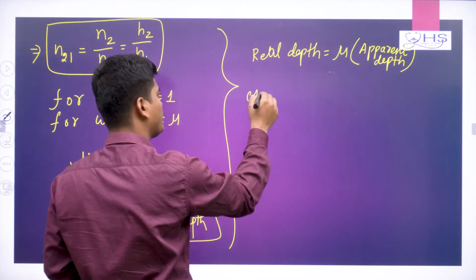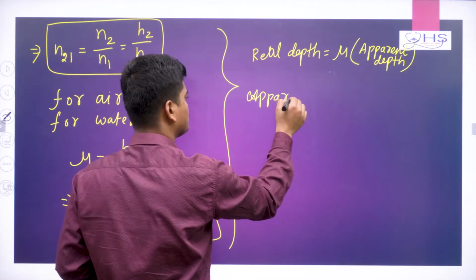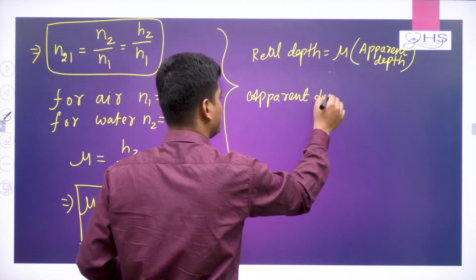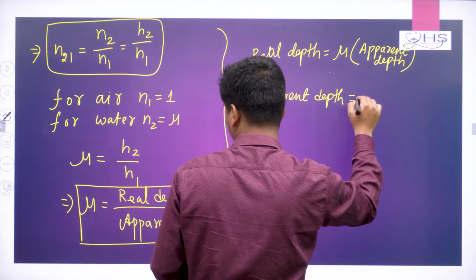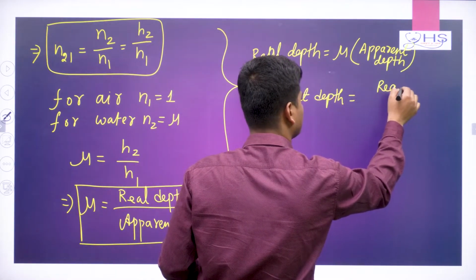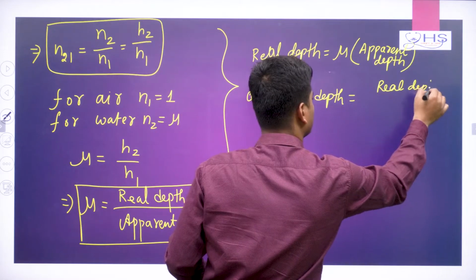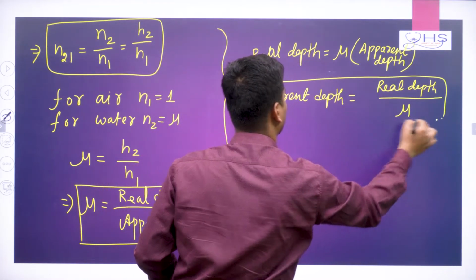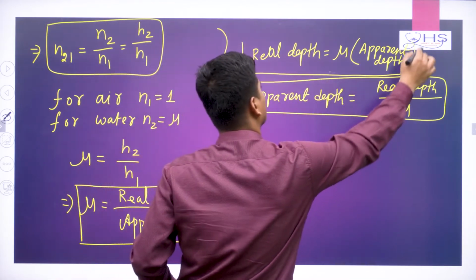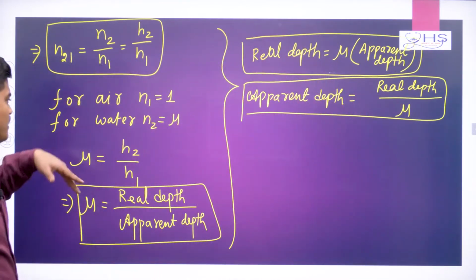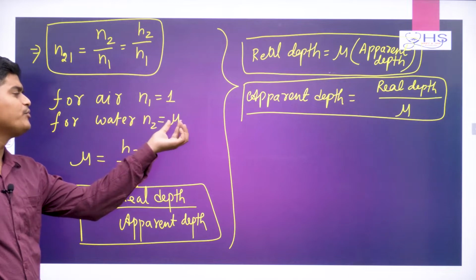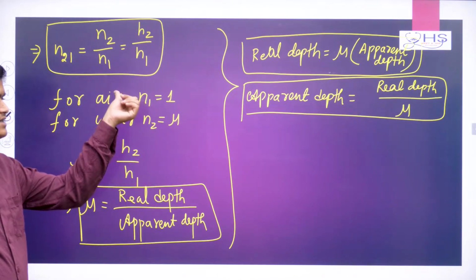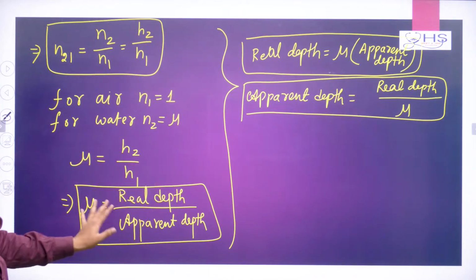And if you need to find the apparent depth, it is your real depth divided by the refractive index of the denser medium. Suppose you have water and air, with the denser medium as mu and only air on the other side, then this formula I can write with mu.